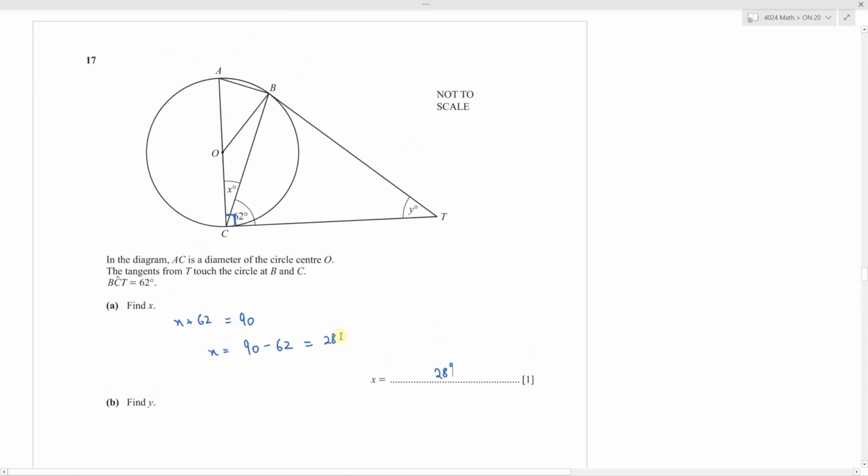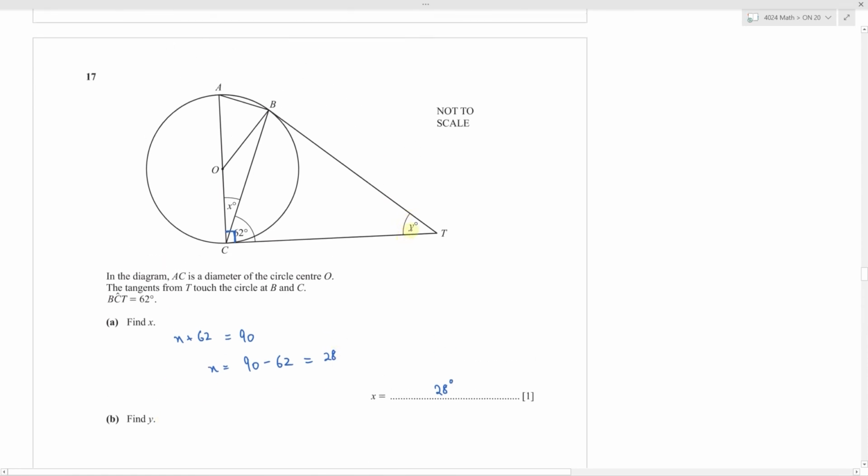The next part is find y. So y is this angle here, and if we look at, let me just erase this. If we look at the triangle TCB, it will be an isosceles triangle because these two tangents will be equal in length since they meet at the same point outside the circle. So this length is equal to this length.